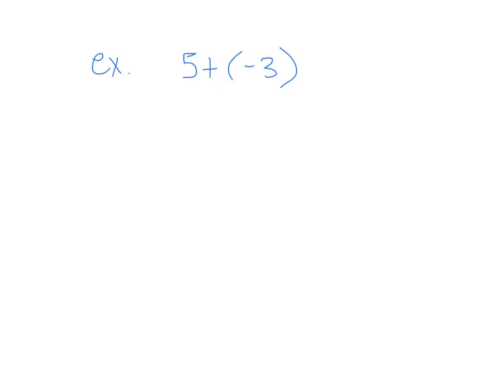So whenever you see them both together, the positive and the negative, there we go, that will change into just a subtraction. So 5 plus negative 3 is actually 5 minus 3, which then becomes a super easy problem. It's just 2.